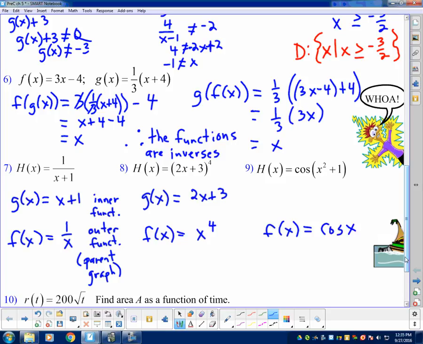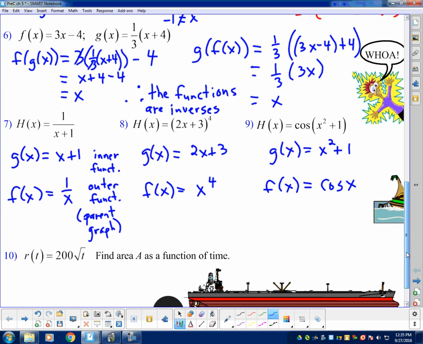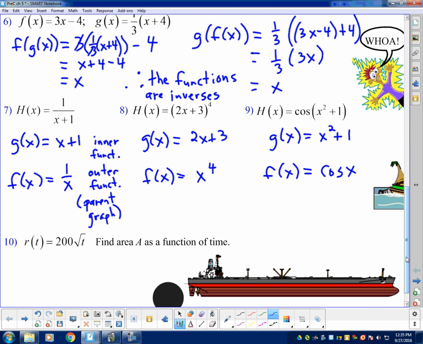The cosine of x, so what's the inner function? x squared plus 1. So we have a function inside of a function. These are not being multiplied together. There's no such thing as just cosine without cosine of something. So we have cosine of some value, we called it x here, and what's replacing x is x squared plus 1.